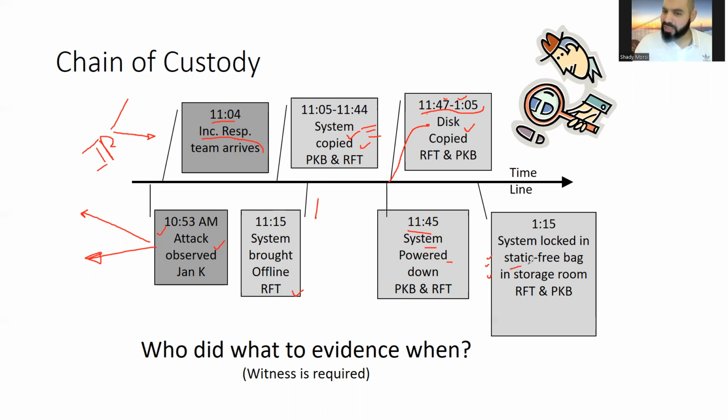So you need to make sure it's a static free bag, a specific type of bag that can stop the electrical discharge, and you put it in a storage room. So this is step by step, within the timeline. If one of these steps is not mentioned, the court cannot admit your data, and this will cause manipulation in the chain of custody, and they will not admit this evidence, so it's really useless.